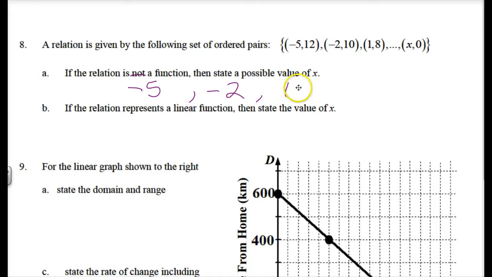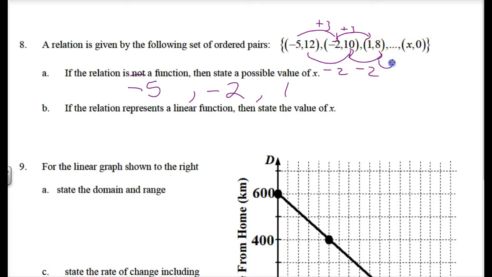If the relation represents a linear function, then we have to say, okay, what's happening? If I go up by 3, the y values go down by 2. So how many down by 2's do I have to do to get to 0?